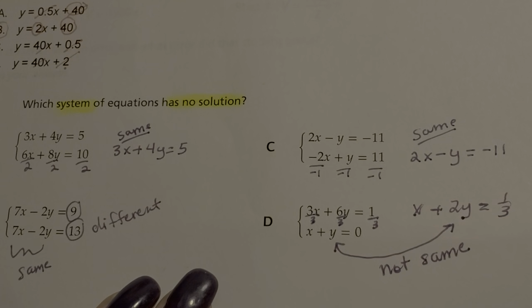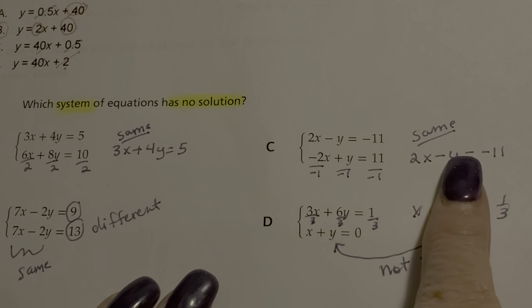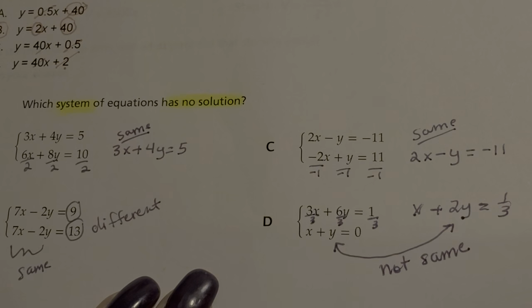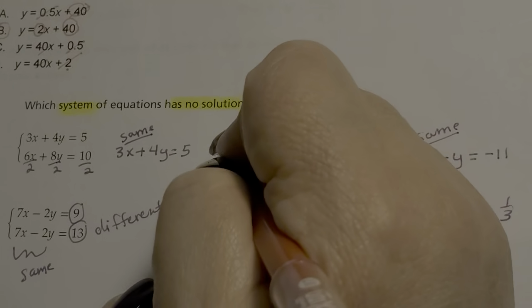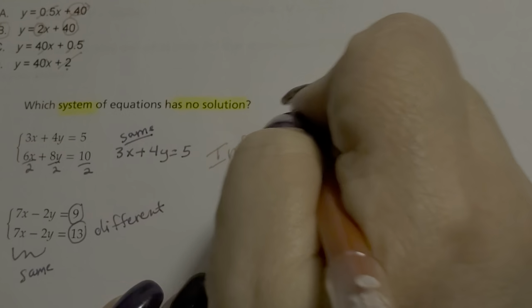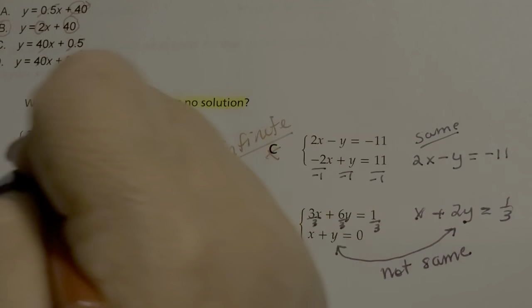So now I have to decide which one has no solution. Well, just like before, if they're identical, even if they are multiples, they have infinite solutions. So both of these have infinite solutions. So A and C are out.